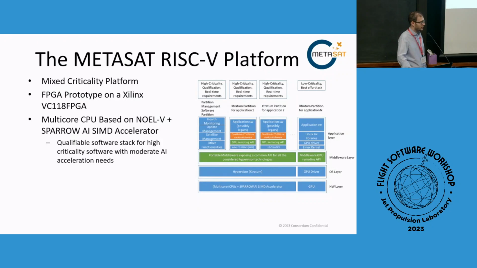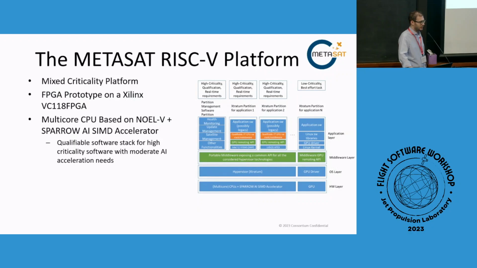We're going to have a prototype on a Xilinx VC118, which is the biggest FPGA that we found that was able to fit both a multi-core and GPU. On the CPU side, as I said, we're going to have a multi-core Noel 5, which will be integrated with our Sparrow accelerator that I mentioned earlier.